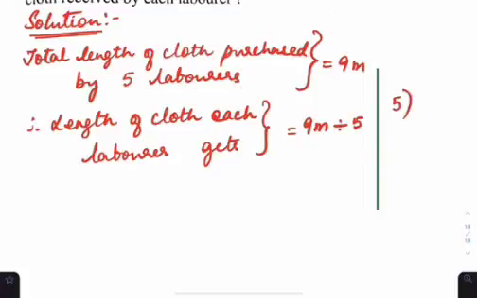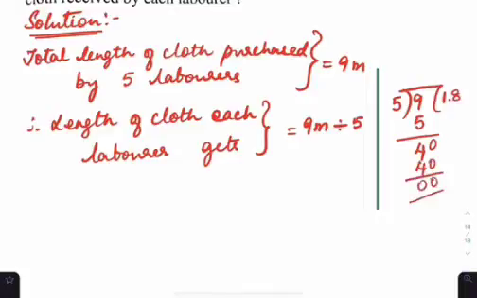So 5 1 times 5, remaining is 4. We keep a decimal and add a 0 here. Then 5 8 times is 40. Understood, children? So the answer is 1.8 meters. That is, each laborer gets 1.8 meters.